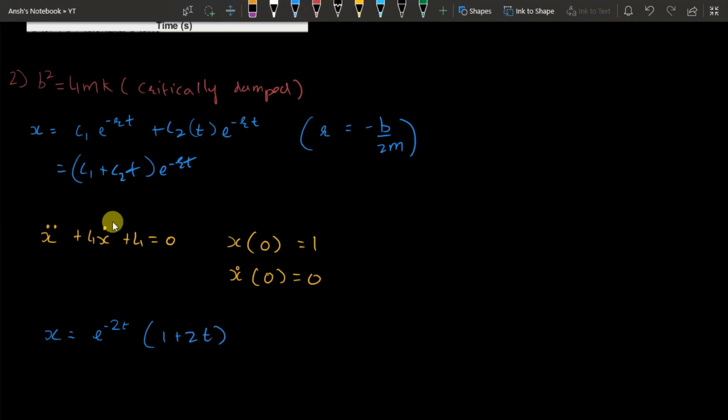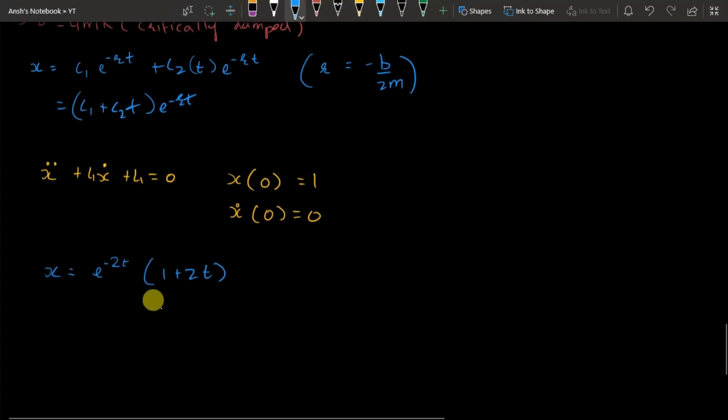I've directly written the solution, but I would highly recommend you solve the differential equation, find the general solution, and then find the value of the constants c1 and c2 from the initial conditions. But this is the answer that we get. Again, you can see in this equation that we have an exponentially decaying term and then we have a linear term.